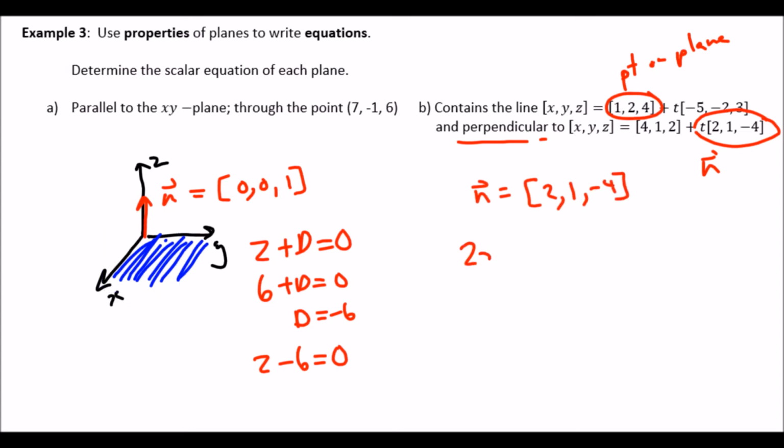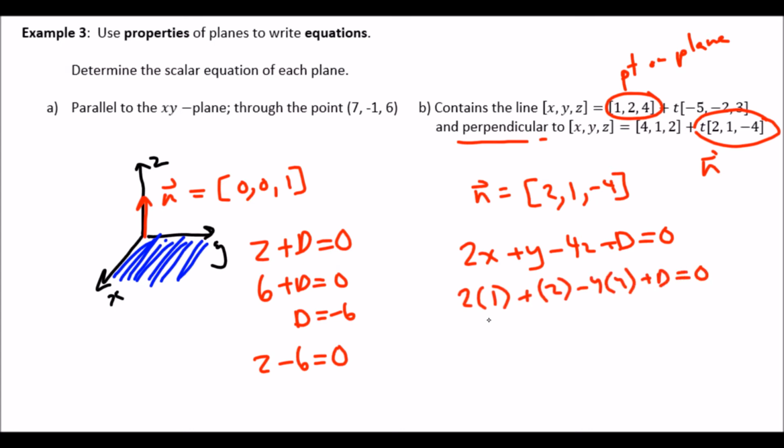So now I've got 2x plus y minus 4z plus d equal to 0. Plug in my point. My point is 1, 2. So I'm going to have 2 plus 2 minus 16, that's negative 12, so d is equal to 12. So my scalar equation will be 2x plus y minus 4z plus 12 is equal to 0. All right.